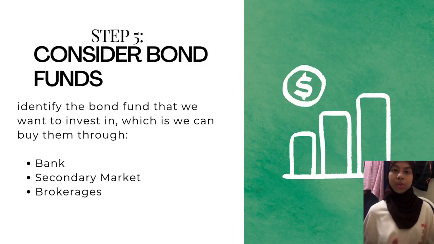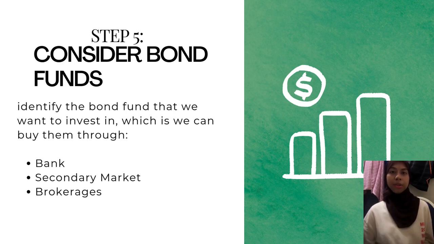What is a bond fund? First of all, we need to identify the bond fund that we want to invest in, which we can buy through a bank, the secondary market, or a broker. For a bank, many banks offer unit trusts or mutual funds that invest in bonds. If you want to invest through a bank, it is easier, you just need to walk into the bank, and bank staff or a financial advisor will guide you, and it's suitable for beginners.